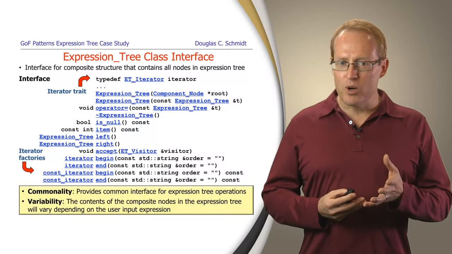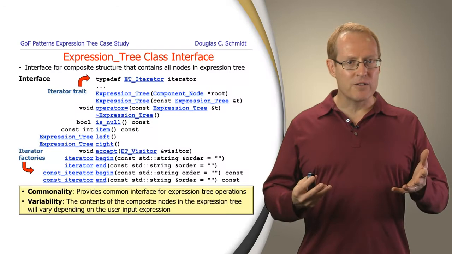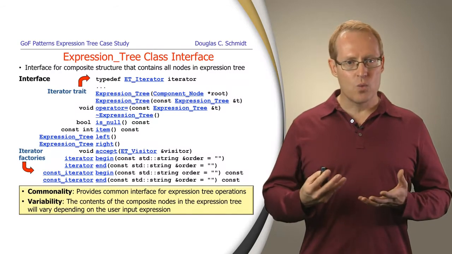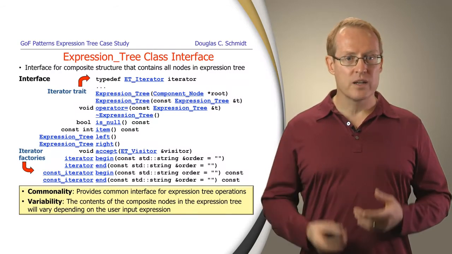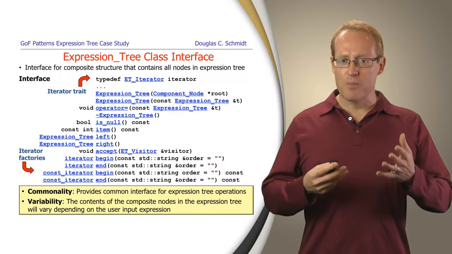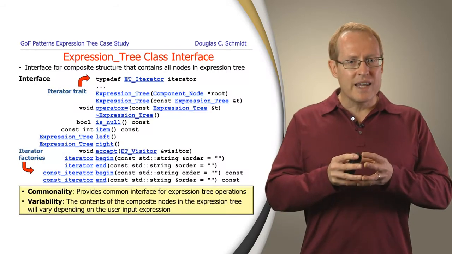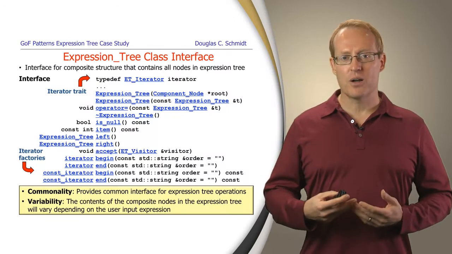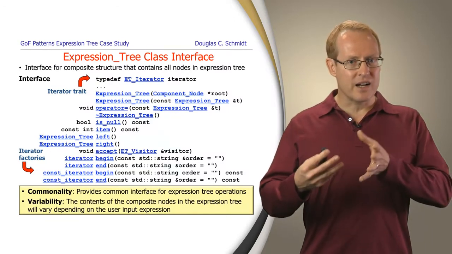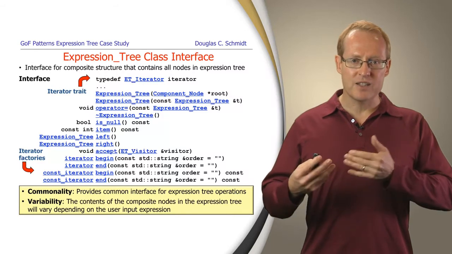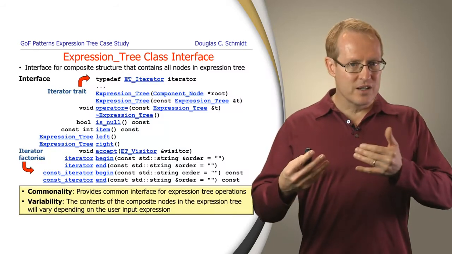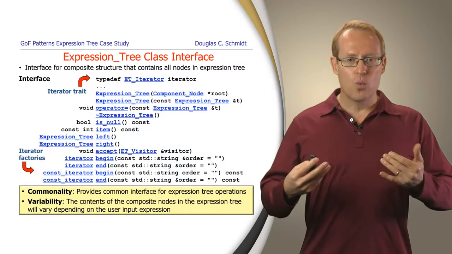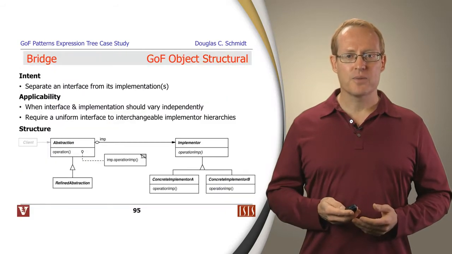From a commonality point of view, we have a single common interface that is used for all the different ways in which we're going to access the nodes in an expression tree. From a variability point of view, we hide the different kinds of expressions, the different hierarchies of our component nodes, behind a common interface. So we get both commonality and standard stable variability within the same class package.